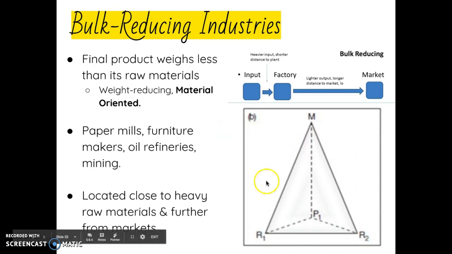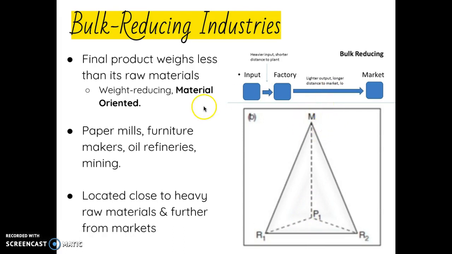So if you look at this chart right here, let's say one raw material is located here and another raw material is located here. If both of these raw materials are heavier than the final product, then the production facility or the factory is going to be located near the raw materials, not near the market.